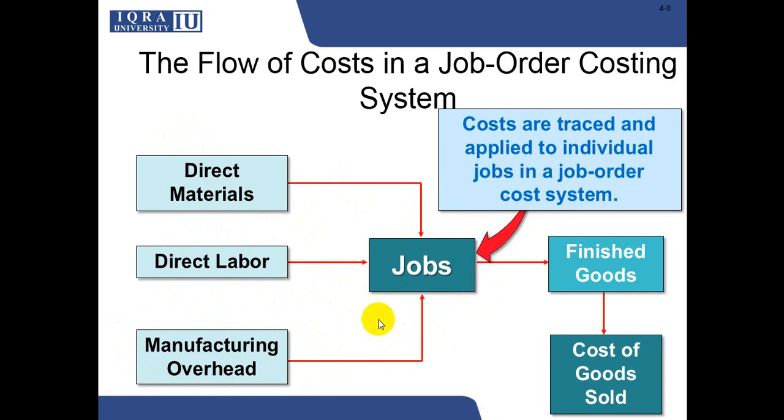And how do we calculate these jobs? Through the job cost sheet. I have already told you before, in the job cost sheet we accumulate the costs of different particular jobs, right?